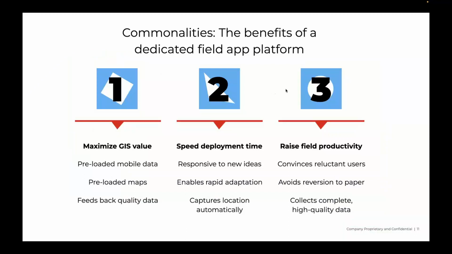So yes, some benefits of having a platform: Fulcrum is a platform for a number of different values, and then I'll demo some of these things. You can preload data, you can preload maps, and feed your team GIS content that will be useful for field data collection.